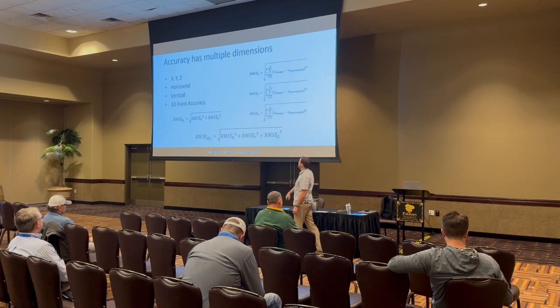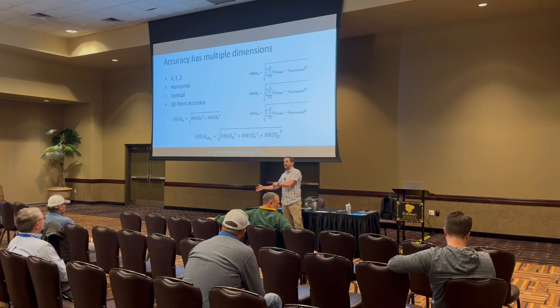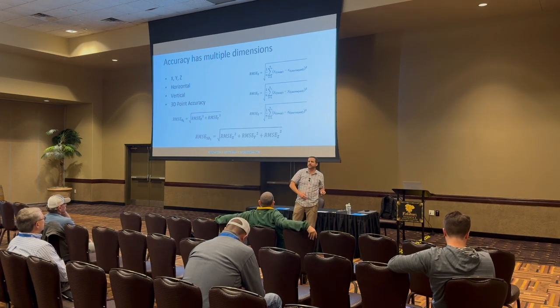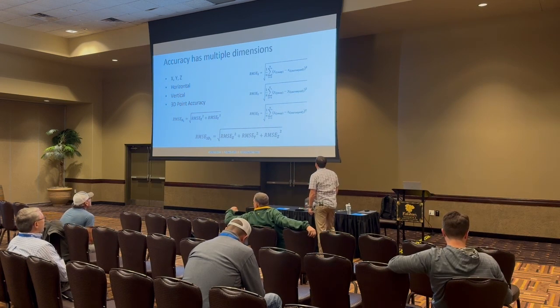Vertical accuracy is just going to be your Z accuracy, which also, believe it or not, has two and sometimes more components: vegetated vertical accuracy and then non-vegetated or hardscape vertical accuracy. And then 3D point accuracy, which is combining all three dimensions, X, Y, Z, into a single statistical figure of the accuracy of that point in any direction.